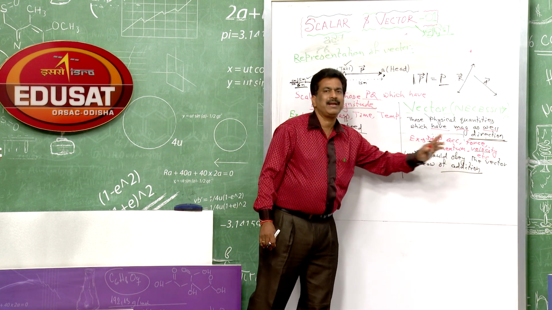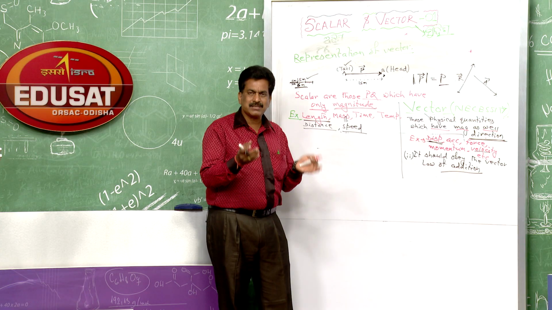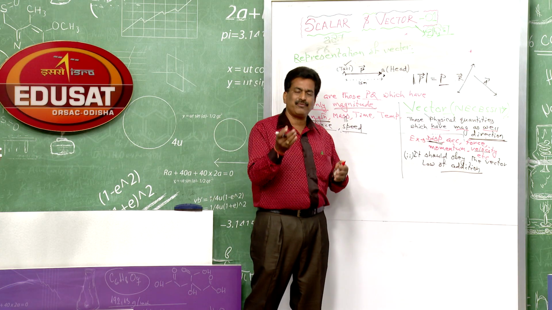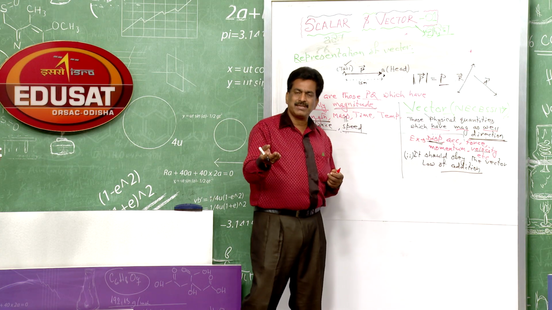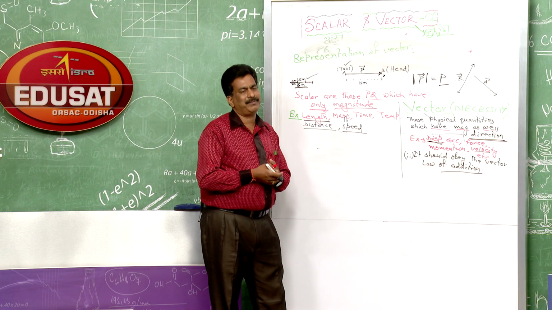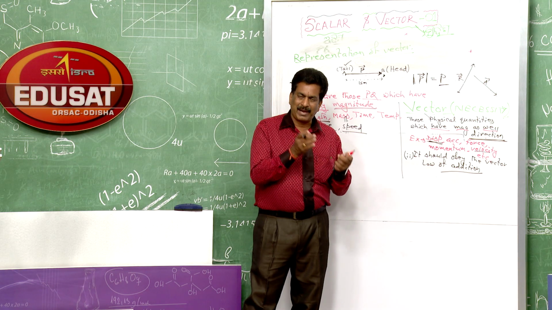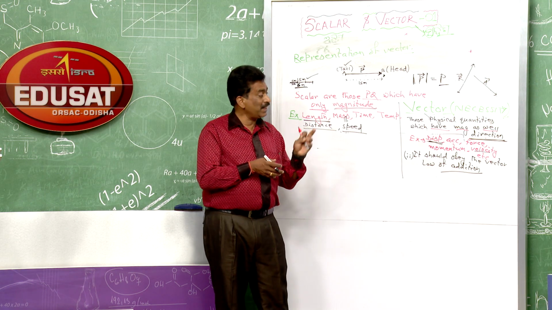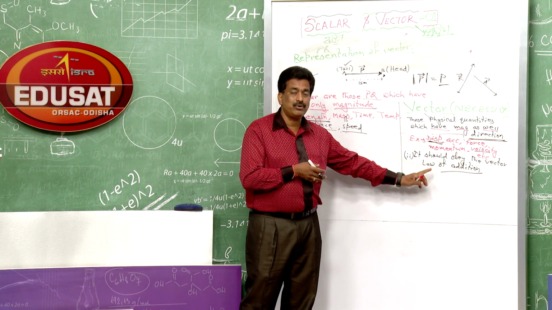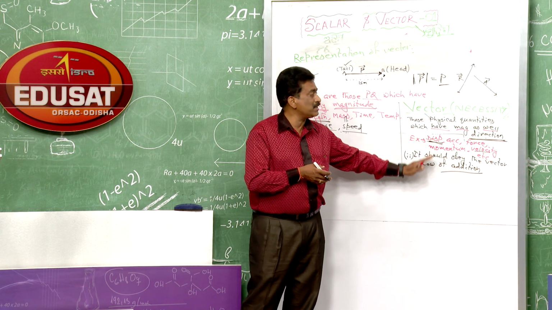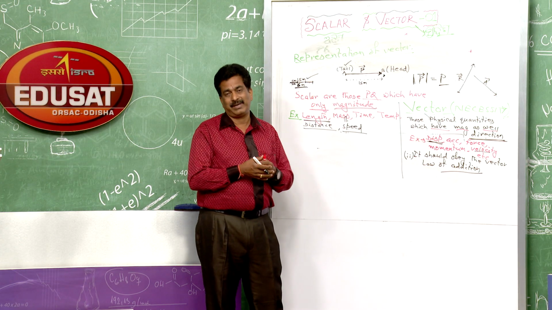We came to know different types of vector addition laws in this chapter. One is the triangle law of vector addition, the polygon law of vector addition, and the parallelogram law of vector addition. If such a law is satisfied, then we say this is a vector quantity.